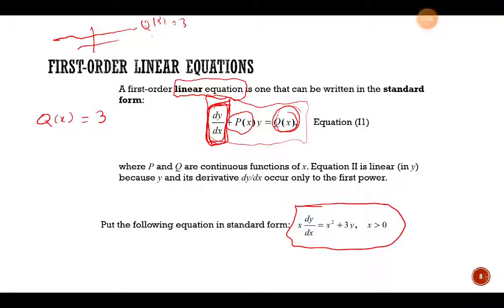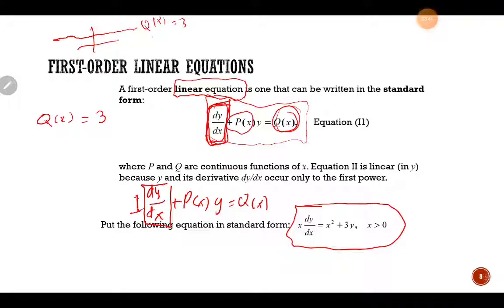This is one example of a first order linear equation, but it is not in standard linear form. So how do we make it a standard linear form, so that it is in the form dy over dx plus p(x)y equals q(x)? We see that dy dx here has nothing in front of it, it's just 1 times dy over dx.